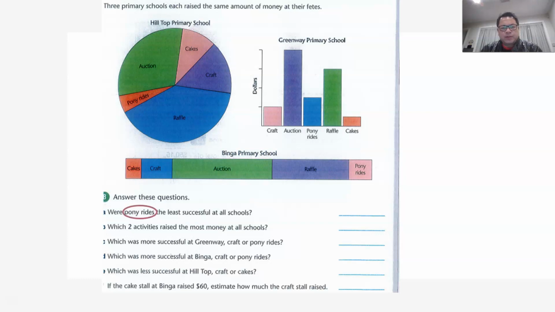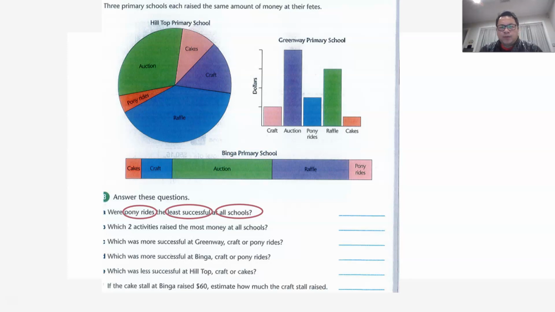I'm just giving you some examples, like, were pony rides the least successful at all schools? So in order for us to say it is yes, if it's true, then pony rides must be the least successful in all the schools. Okay, so you got to look at the first one, Hilltop. Seems like pony ride is not a very popular activity at Hilltop, isn't it?